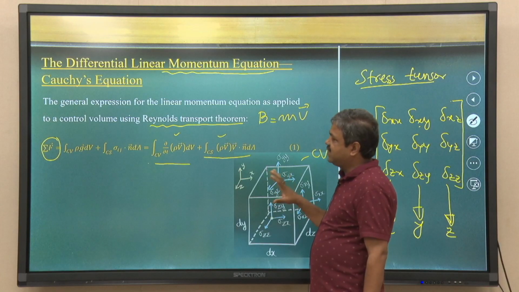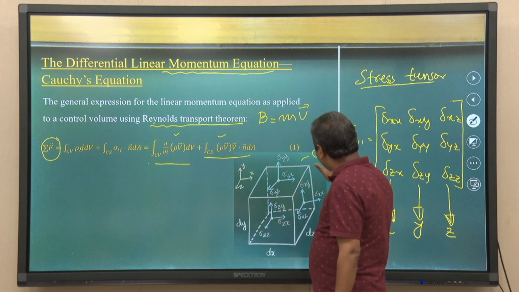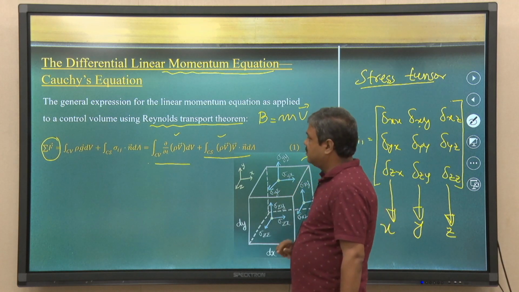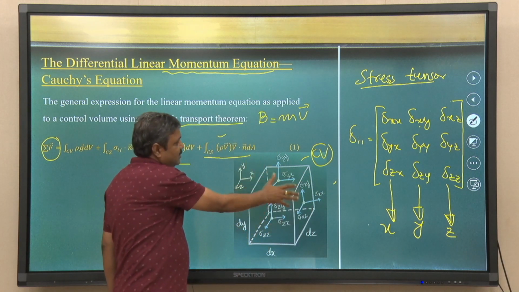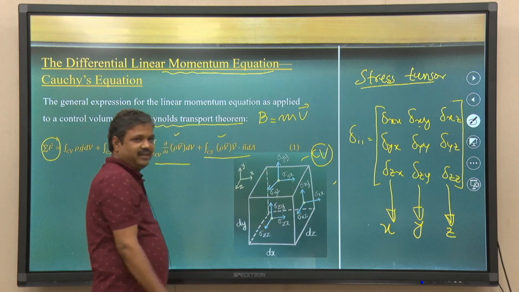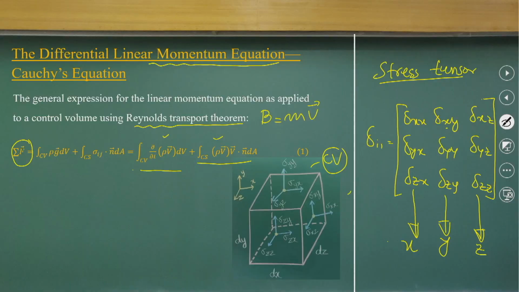Now, what is the basic difference? When I consider a smaller control volume like this, there are the stress tensors, which we have already defined, as a force per unit area. This is the surface force component.